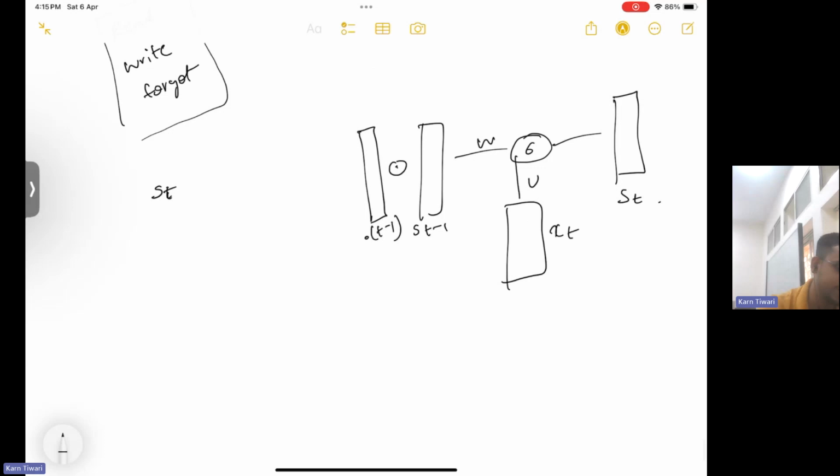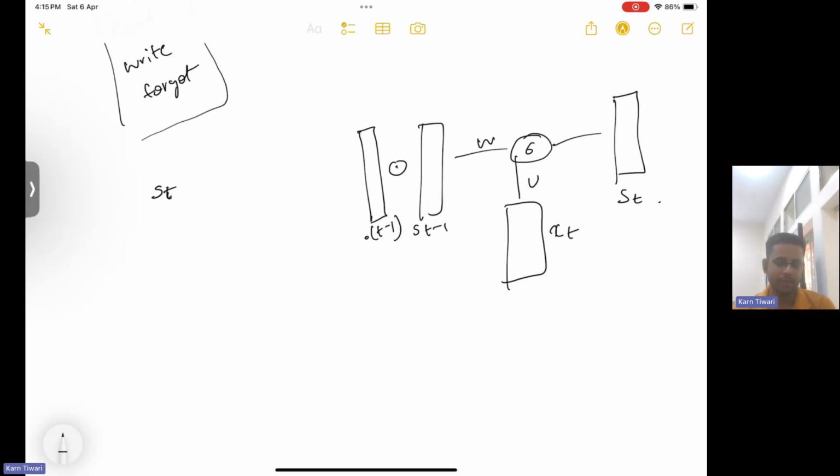It does a fractional thing: I have a gate which controls how much information should pass, because not all the information is needed.